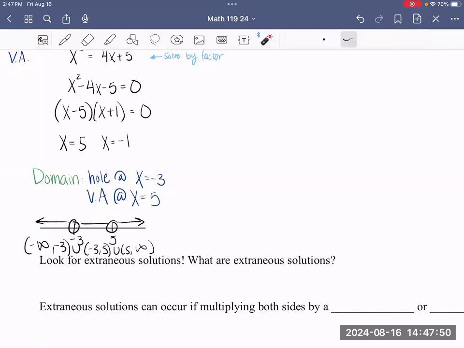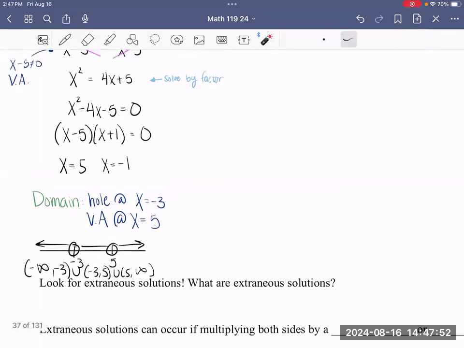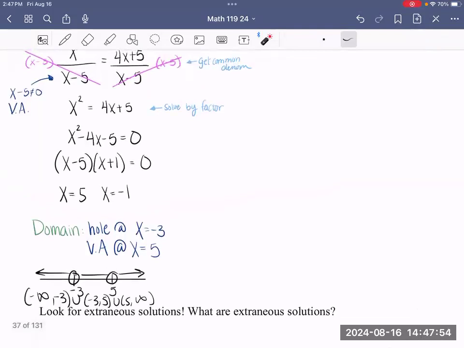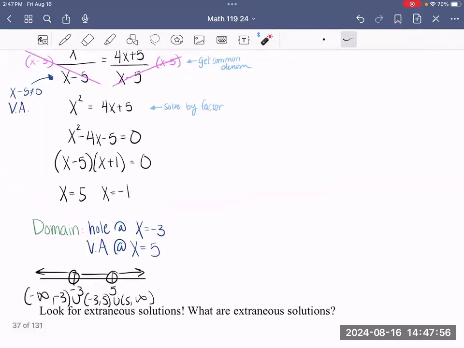Now, do you see a problem with your domain and your final answer? Well, your final answer should have been right here. But what did we say in comparison with your domain? What is the issue? We said x cannot be equal to 5.